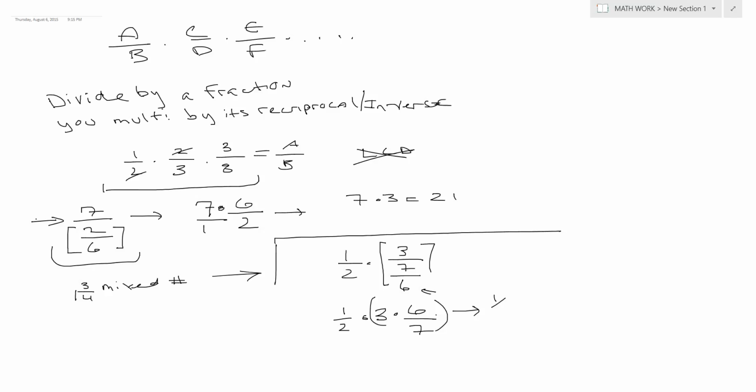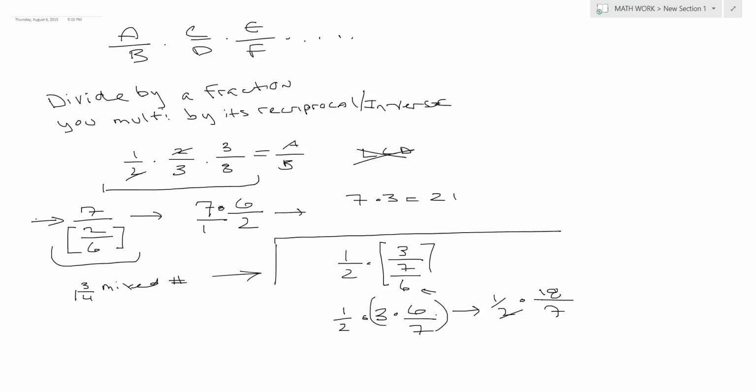Okay, so we can now figure this out and simplify this. 6 times 3 is 18 divided by 7, right? And then now we have something that is a little bit more manageable, and we can reduce here.